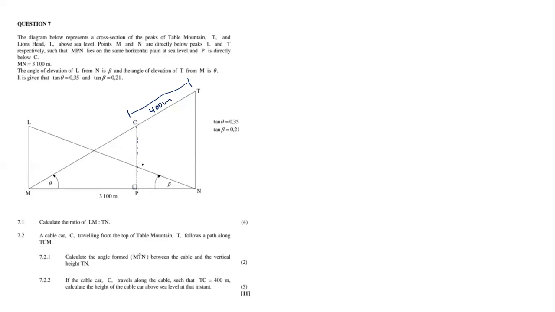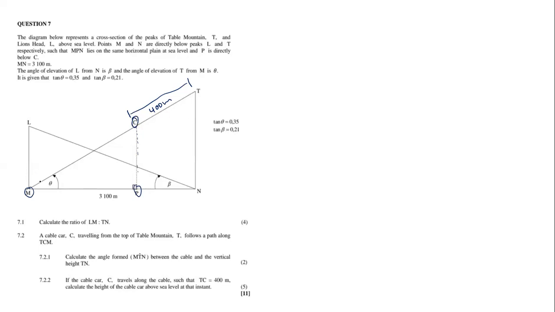So our question is, how are we going to determine CP? CP is located in triangle CPM. That's where CP is located, so we need side CP. Do not forget this triangle is a right-angled triangle because we have 90 degrees over there.